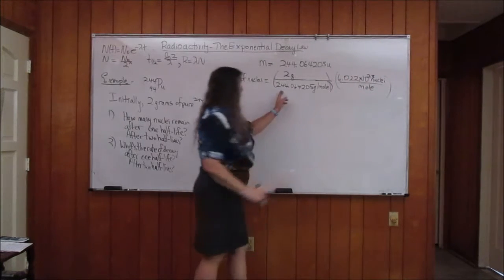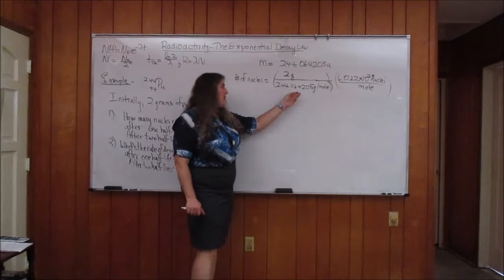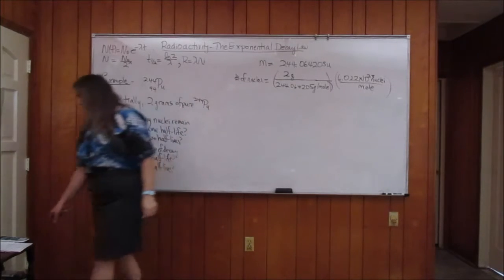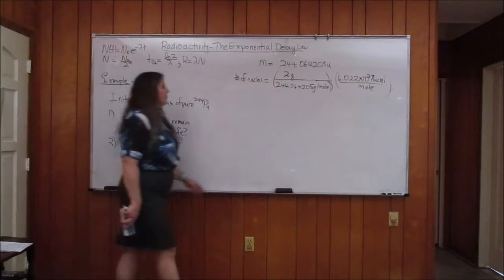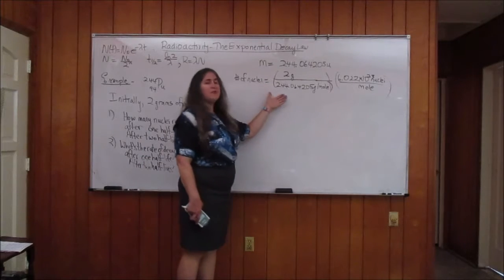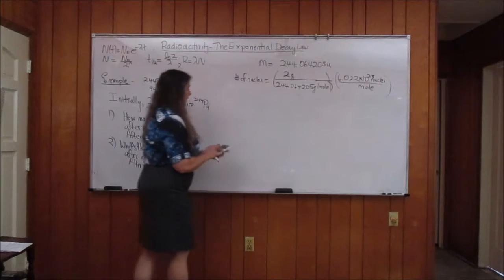I do want to emphasize, we are really looking at the atomic mass because that's what's listed in the tables. So obviously you've got this number of atoms, you've got the same number of nuclei, okay?